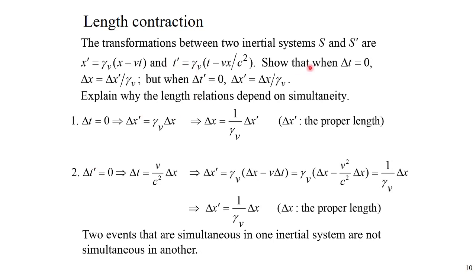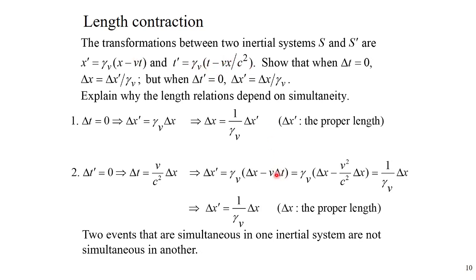On the other hand, if we measure under a different condition, delta t prime equals 0. Therefore, they are correlated. Delta t equals this one. Therefore, delta x prime equals delta x minus v delta t, and delta t is related to here.